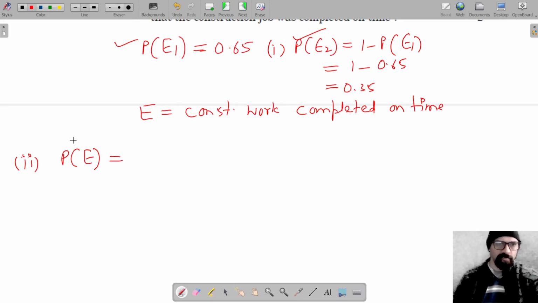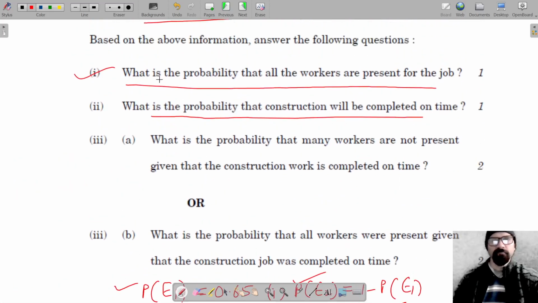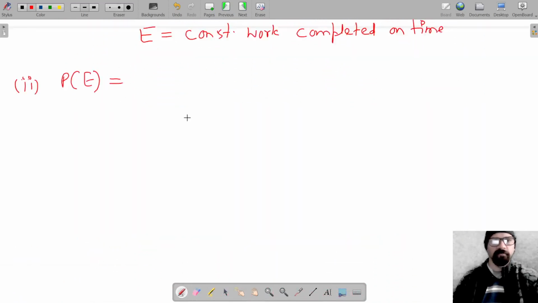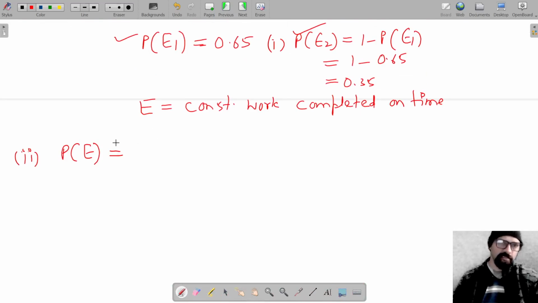So now the construction work is completed in two cases, when all the workers are present and when all the workers are not present. So when many workers were not present is E1. So probability that construction work is completed is when all the workers are not present, and the construction work is completed when all the workers are not present.